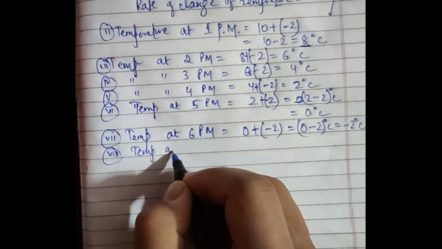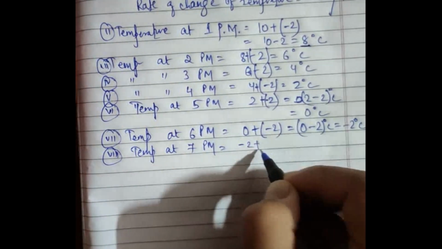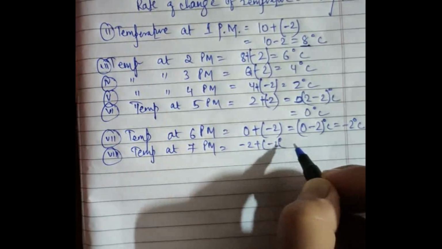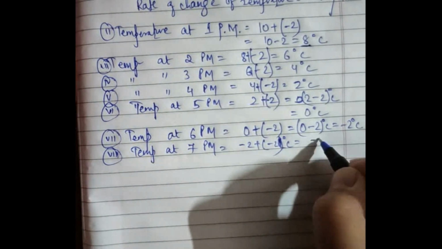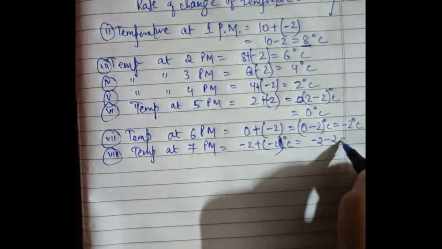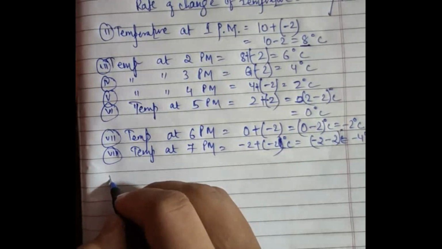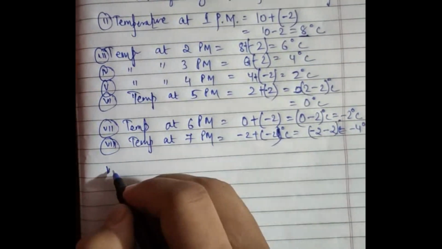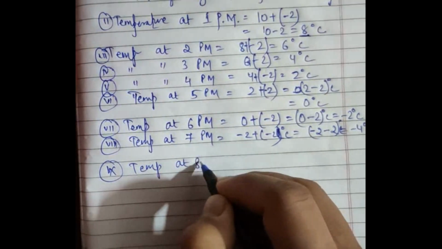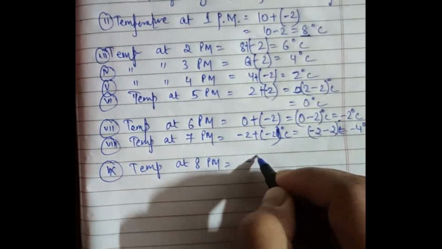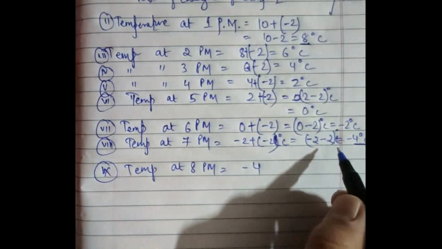Temperature at 7 p.m. is equal to minus 2 plus minus 2 degree Celsius is equal to minus 4 degree Celsius, isn't it? So number 9. Temperature at 8 p.m. is equal to minus 4, minus 2. From where this minus 4, minus 2 are coming, you must be knowing.